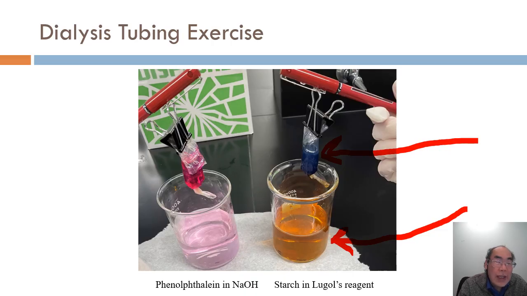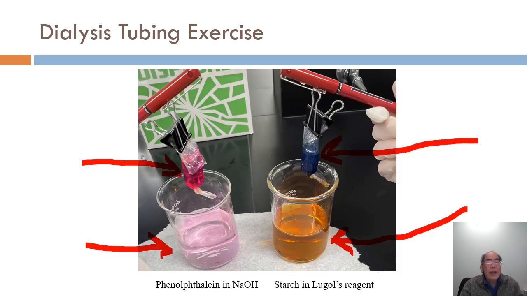Okay? And on the left, this dialysis bag contained phenolphthalein, and the contents of the beaker contained sodium hydroxide, and the contents of the bag turned a bright pink color, whereas the contents in the beaker hardly changed any color.